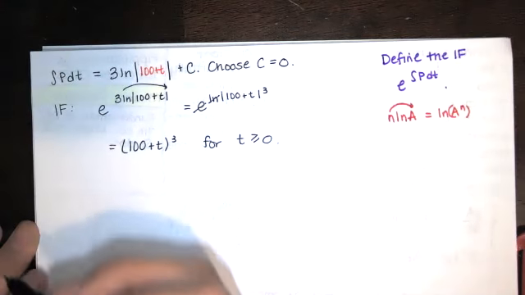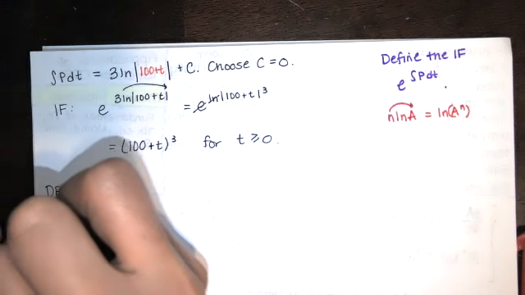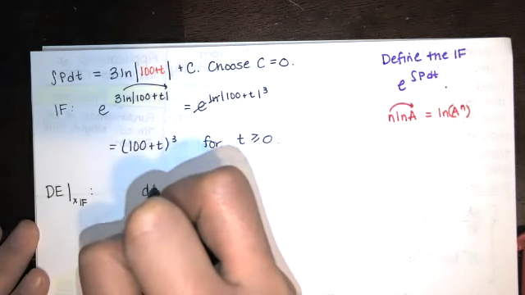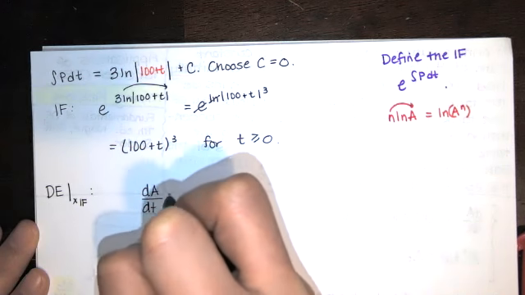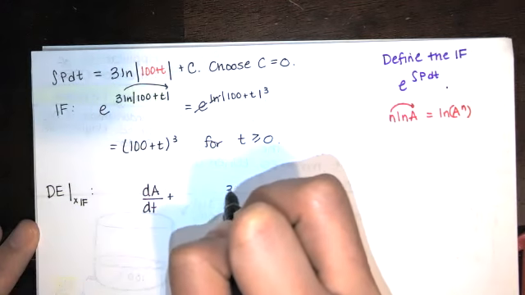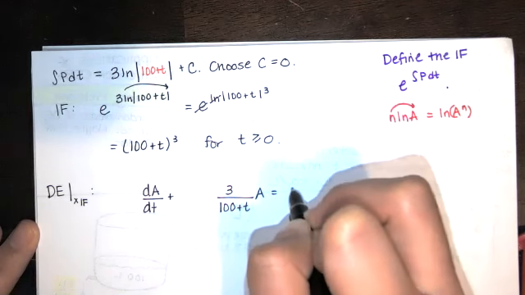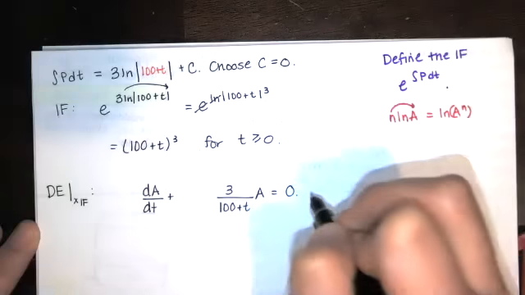So we found our integrating factor. Whenever we're solving a first order linear differential equation, we take that differential equation and we multiply the whole thing by the integrating factor. Every term gets multiplied by that integrating factor.